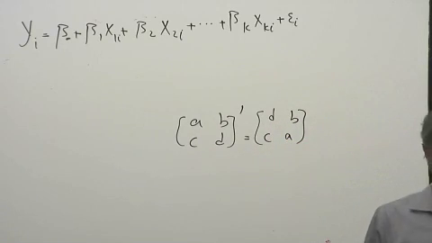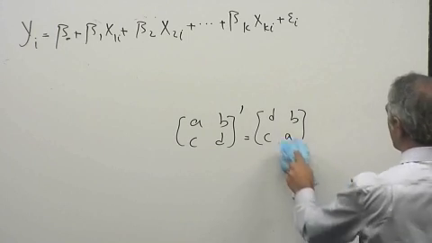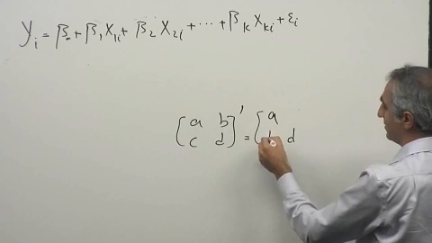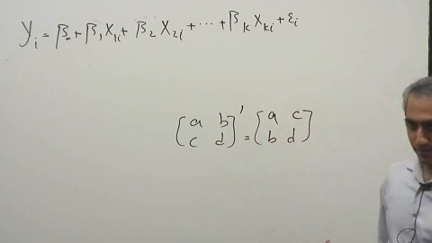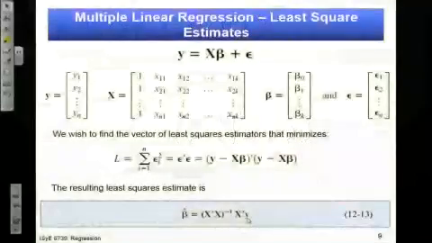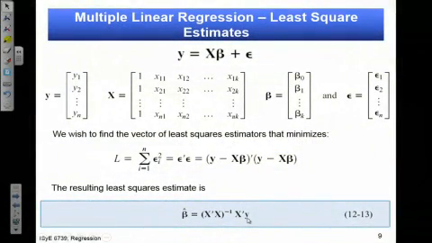Agree? Any questions? So X transpose X inverse X transpose y gives you a vector of betas.